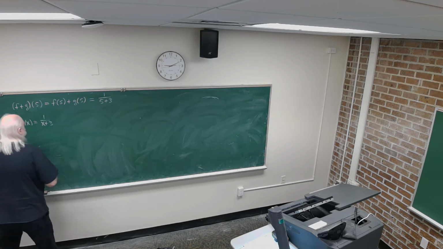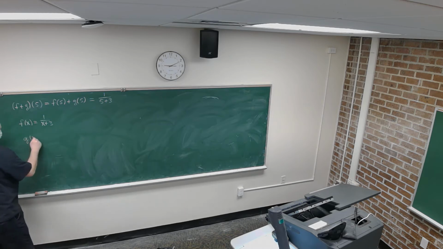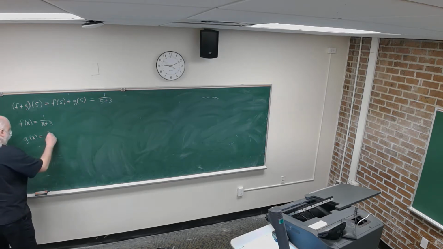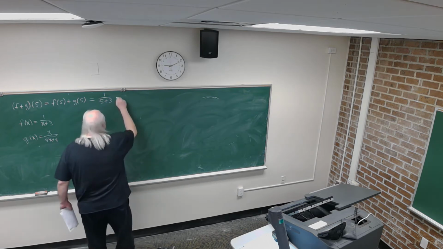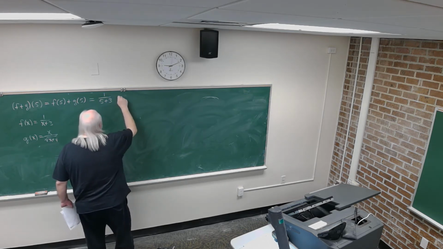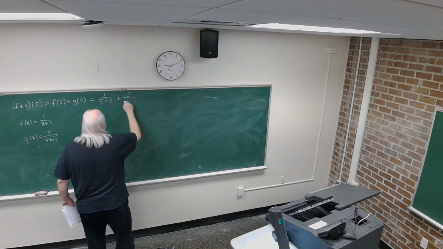And g of x from the previous page is equal to x over the square root of x plus 4. So g of 5 is equal to 5 over the square root of 5 plus 4.